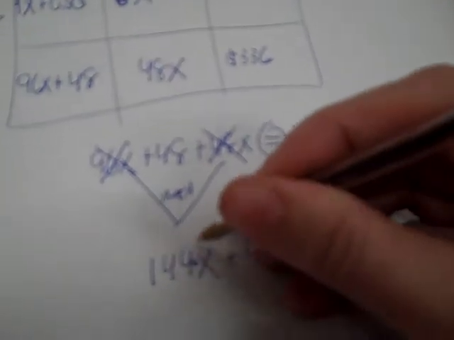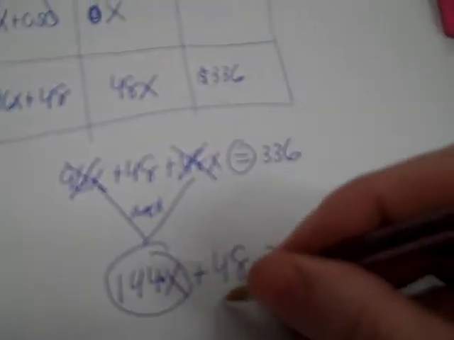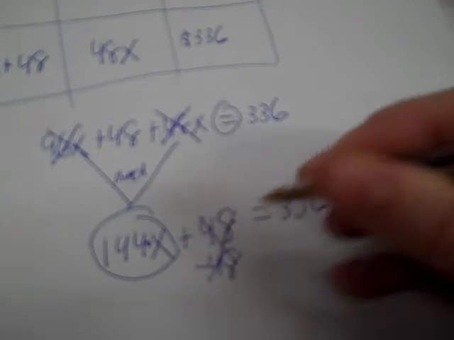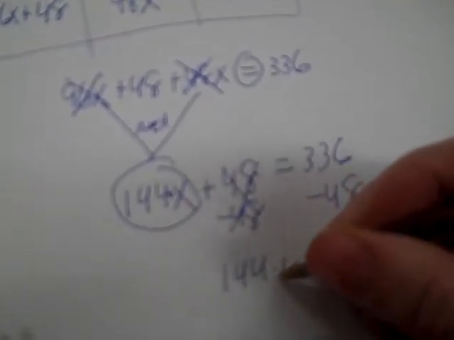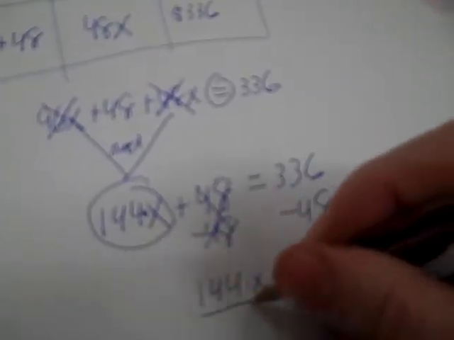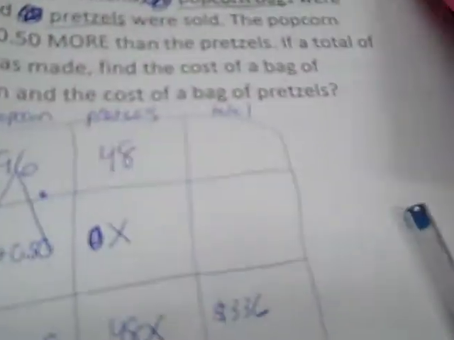Now dot your x, circle it, minus 48, minus 48. So 144x equals $288. And then I divide by 144. So 288 divided by 144 is 2.